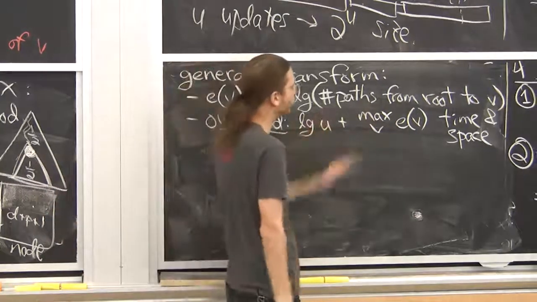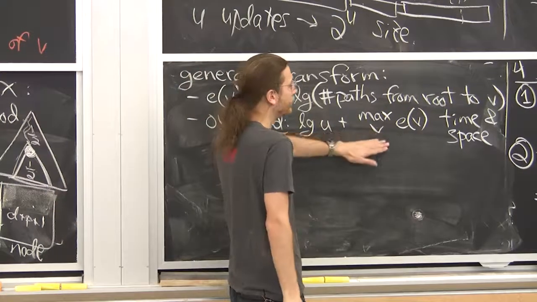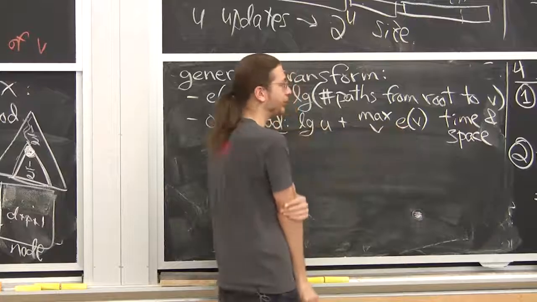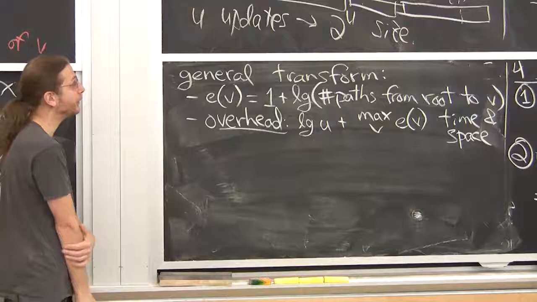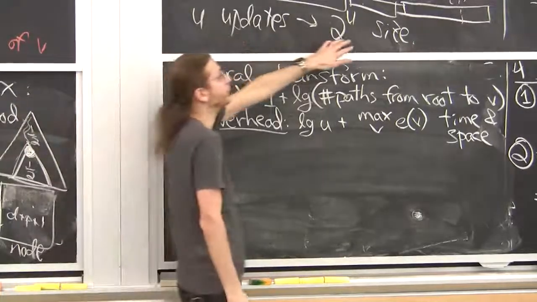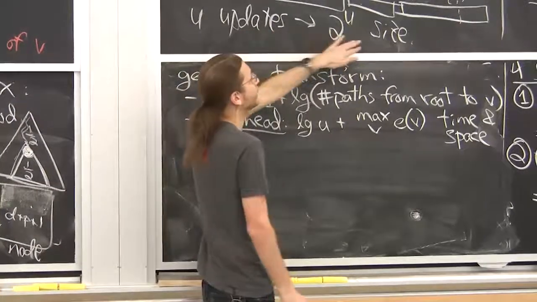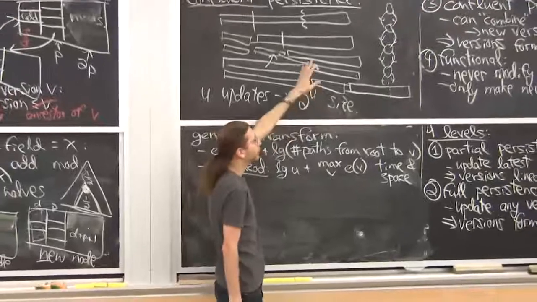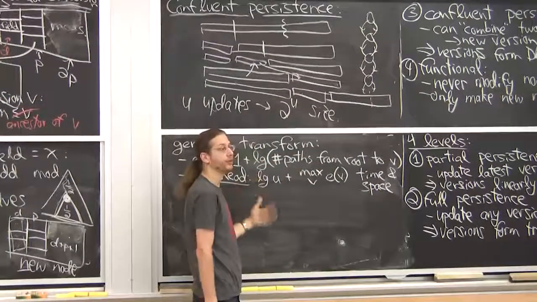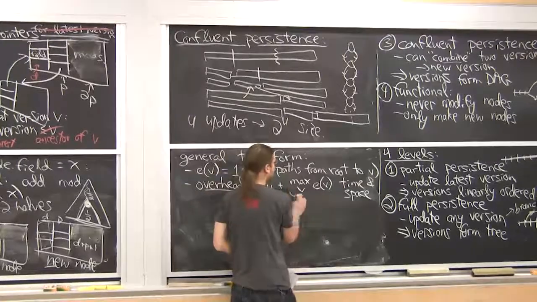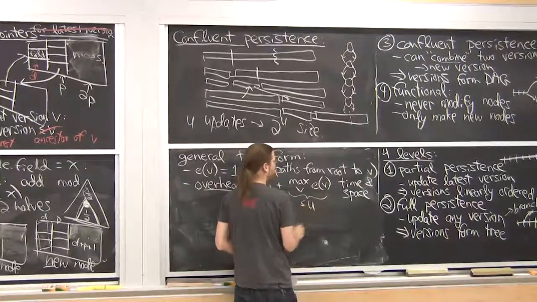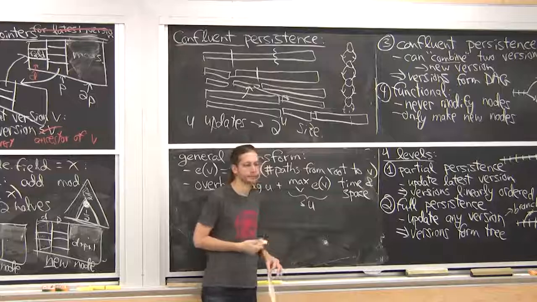This is per operation. You pay basically the effective depth of that operation as a factor. Now, the annoying thing is if you have this kind of setup where the size grew exponentially, then the number of paths is exponential, log of the number of paths is linear in U, and so this factor could be as much as U, linear slowdown.